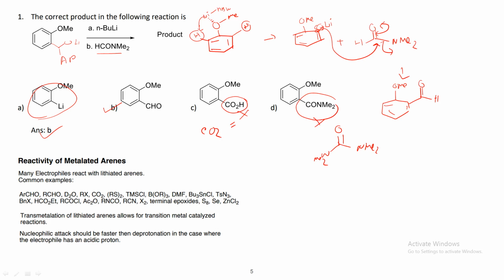There are many electrophiles like that, which I have listed. You can go through them when I share the slides in the Google Drive, and have a look at which electrophiles are generally used for this kind of ortholithiation reaction.